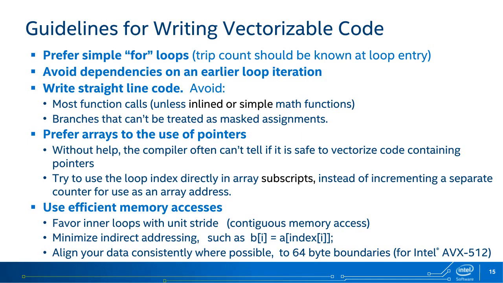It may be a case that the pointer is passed to a function and we are using a trip count using this pointer. And in this case, it is not known at loop entry. And on each iteration, in accordance with the C standard, we need to check the real value of this variable.